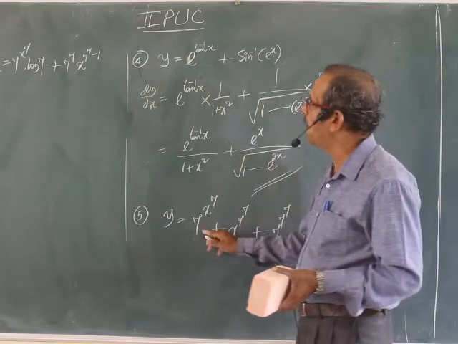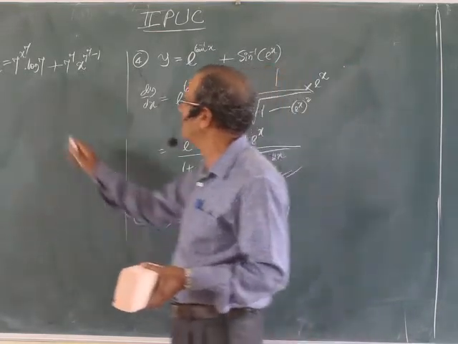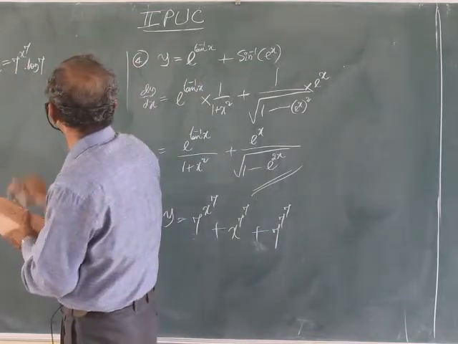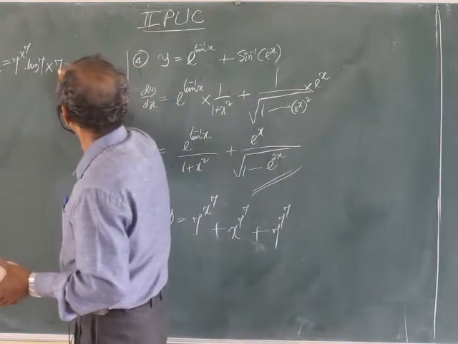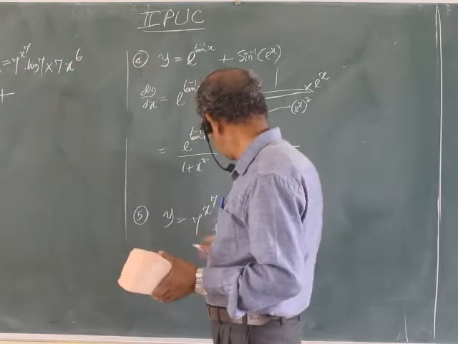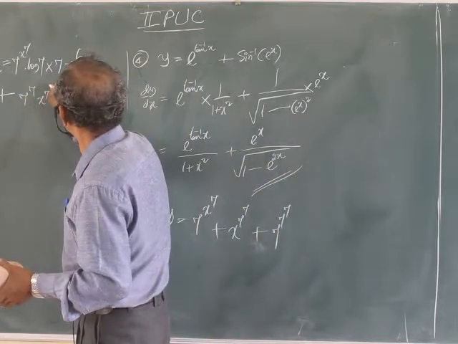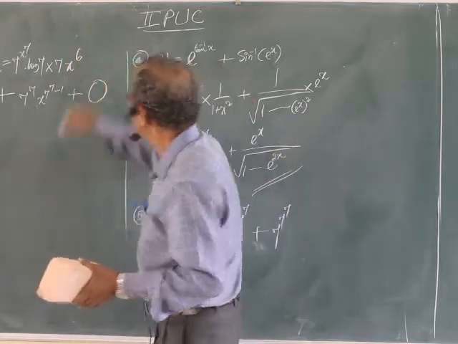Here I did one small mistake here. See, 7 to the power, we have written only 7 to the power. After that it is chain rule. I have not written the derivative of x to the power 7, 7x to the power 6. Now it is over. Plus 7 to the power 7 x to the power 7 to the power 7 minus 1. Plus nothing to see there.